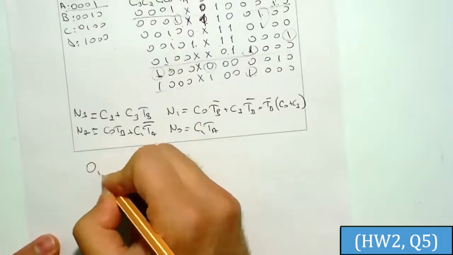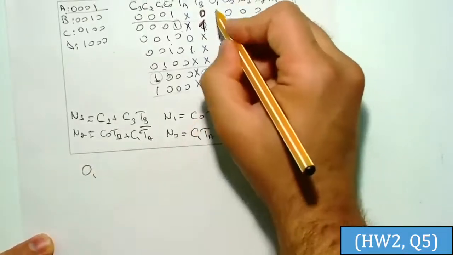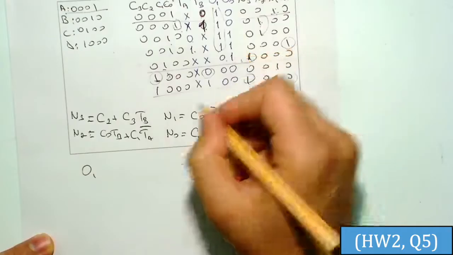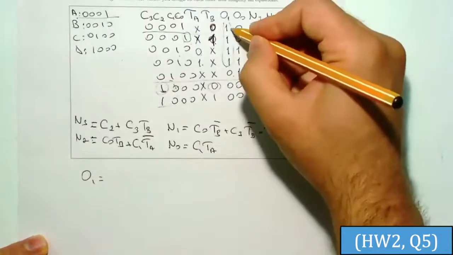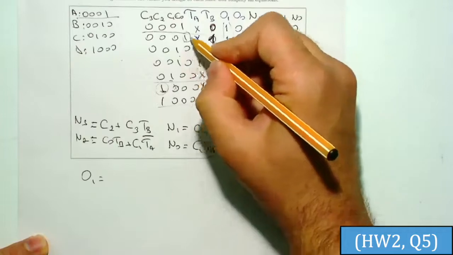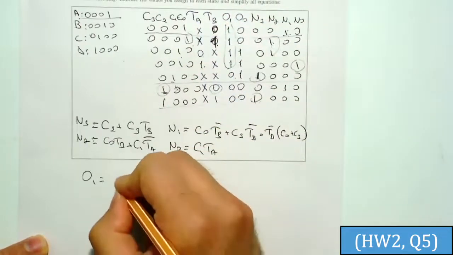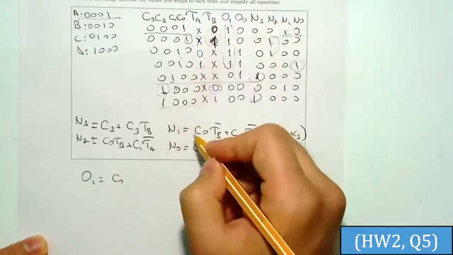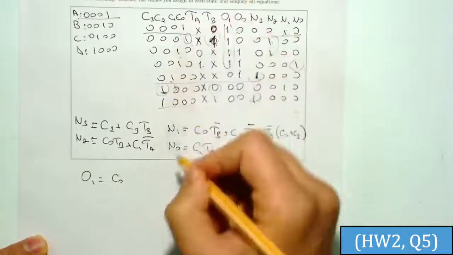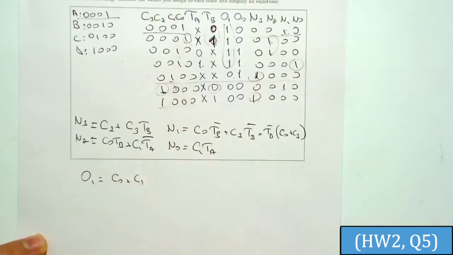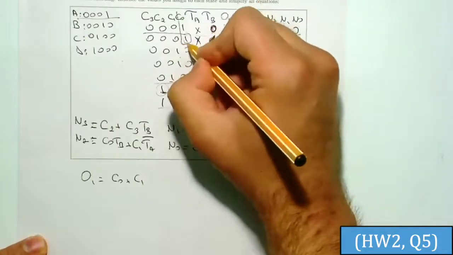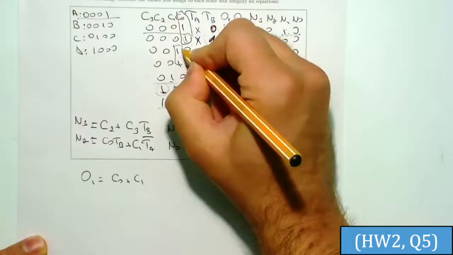For output 1, O1 is 1 when either C0 is 1 or C1 is 1, right?